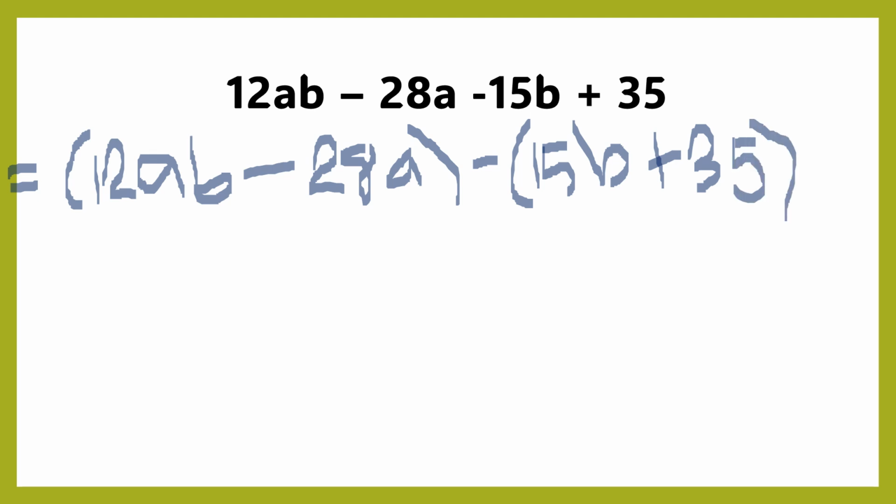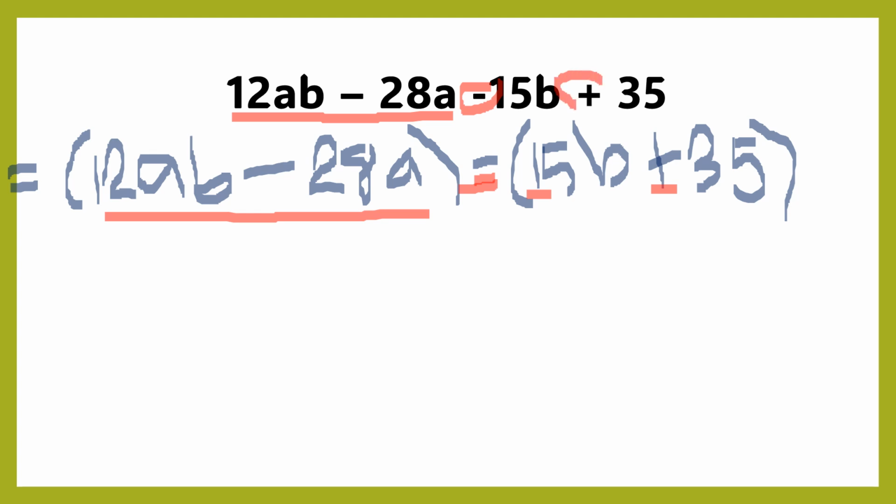Now, before we factor it out, let's check first if all the given operations are correct. The first binomial here is 12ab minus 28a. We have negative times positive. The answer is negative, which is correct. Now for the second binomial, if you have negative times positive, the answer is negative.